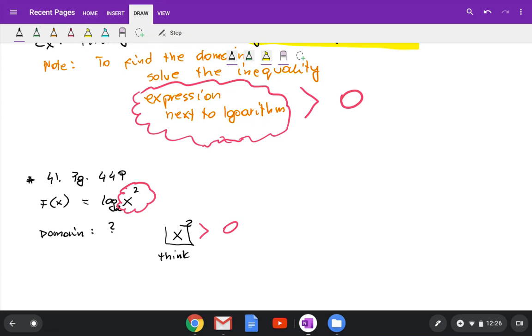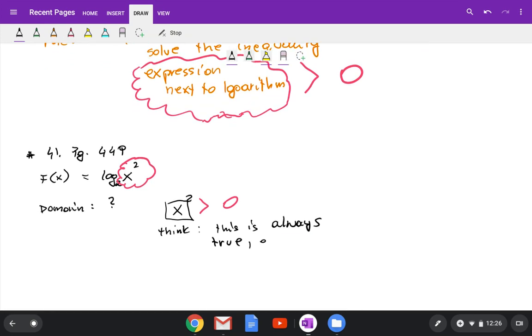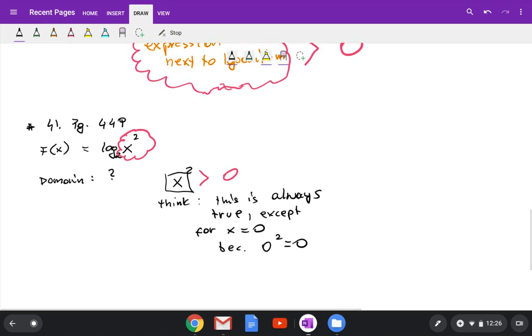Any expression brought to the second power is always positive, except for x equals 0, because when x is equal to 0, we have 0 to a second power, and that's equal to 0. So we don't want x equals 0, because our inequality is a strict inequality.